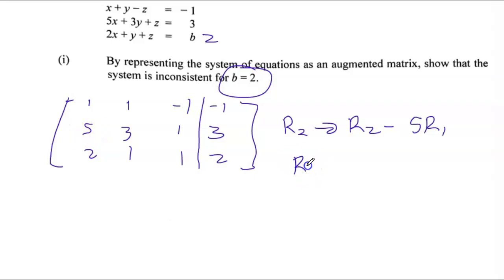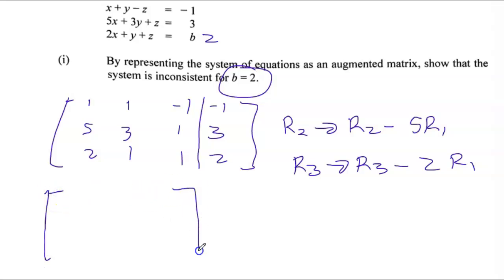And row 3 will become row 3 minus 2 row 1. Row 1 will not be disturbed.